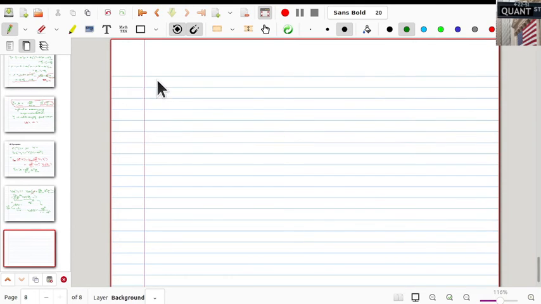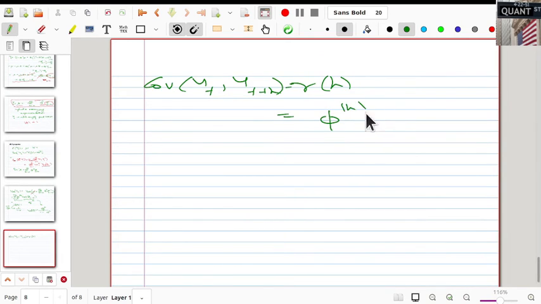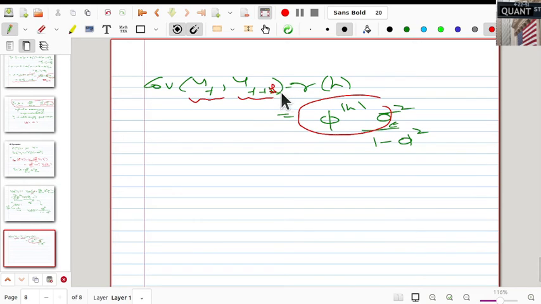And now let's take a look at the covariance of yt comma yt plus h, which equals gamma of h, which equals phi to the power of modulus h times sigma e squared over 1 minus phi square. So we have an additional term here for covariance of 2 time series spread out by h.